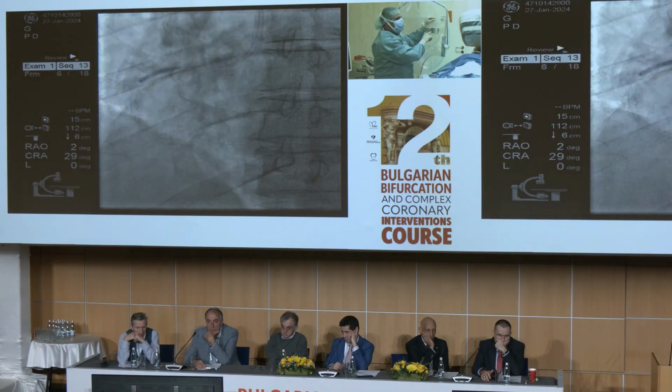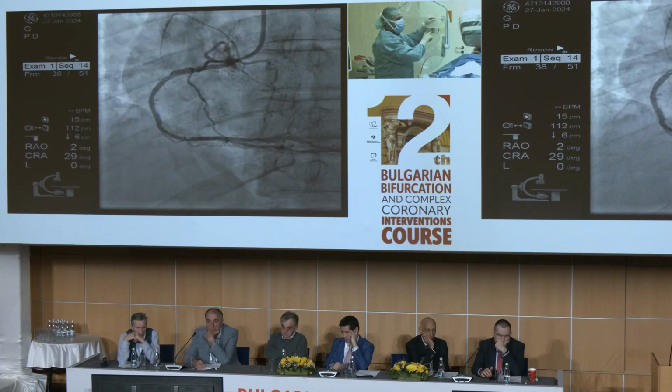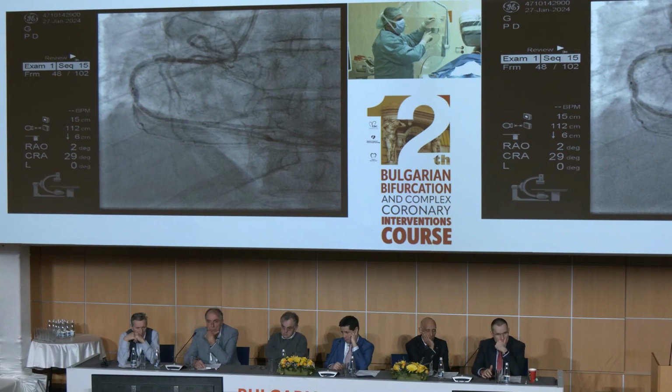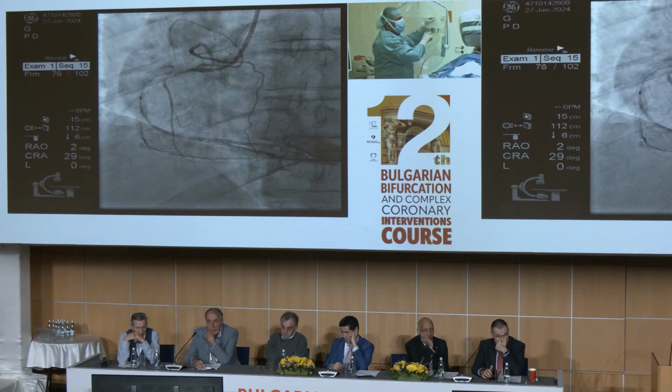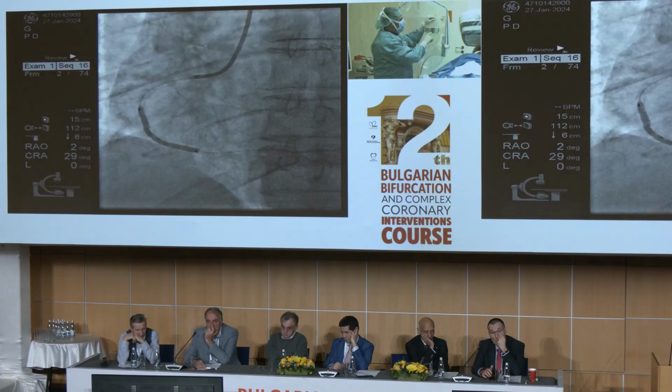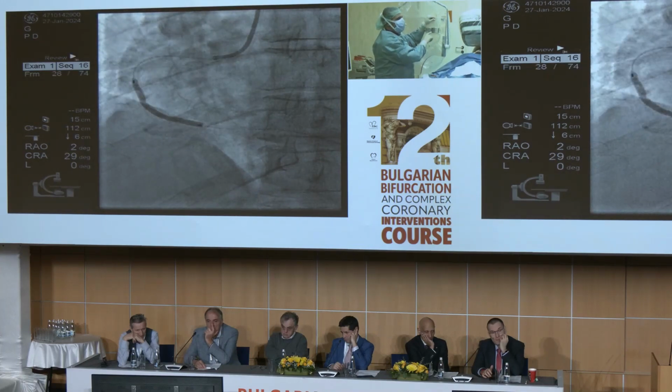And after lesion preparation, we put 2 Xience 3.0 by 33 millimeter stents with an overlapping of 1 millimeter more or less.